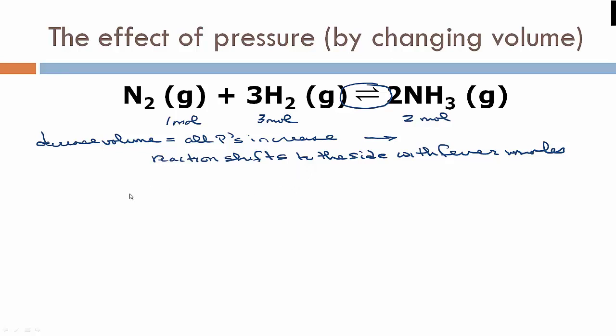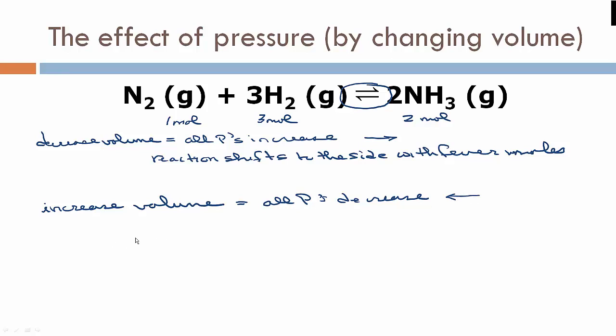Okay. So now what happens if you increase volume? Increase volume means all partial pressures decrease. In this particular reaction, they're all going to shift to the left.